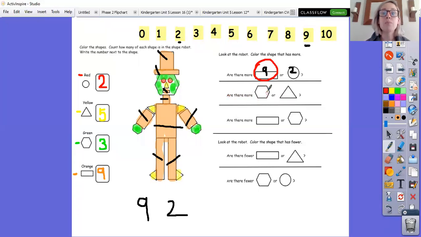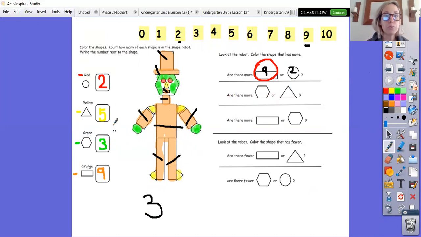What's this shape? Are there more hexagons or more triangles? Let's think. Okay, so how many hexagons did we have? We had 3 hexagons, okay?